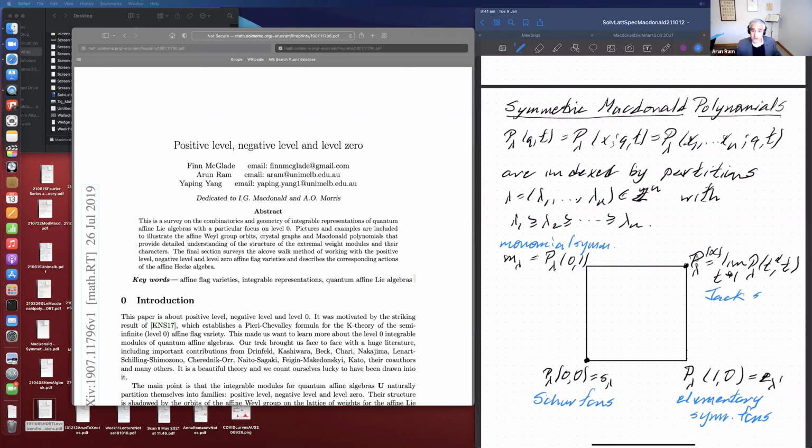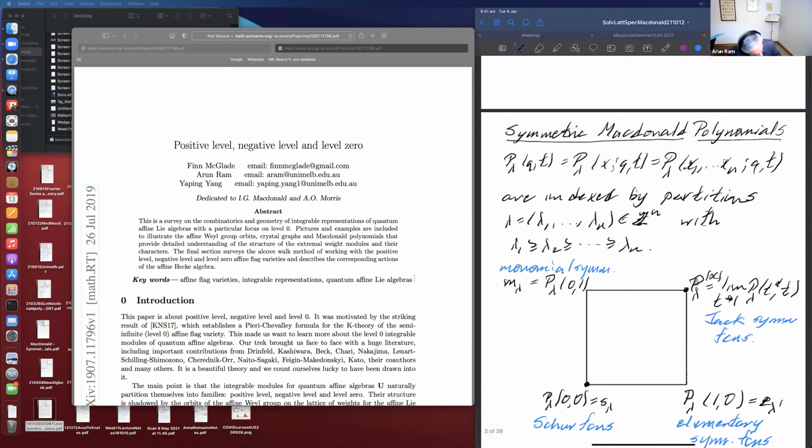I think for Macdonald, those were a major motivational collection of polynomials in the whole process of producing Macdonald polynomials. The next thing is that if I look at this right-hand axis, so this is P lambda of (q = 1, t arbitrary), that's still the elementary symmetric function.